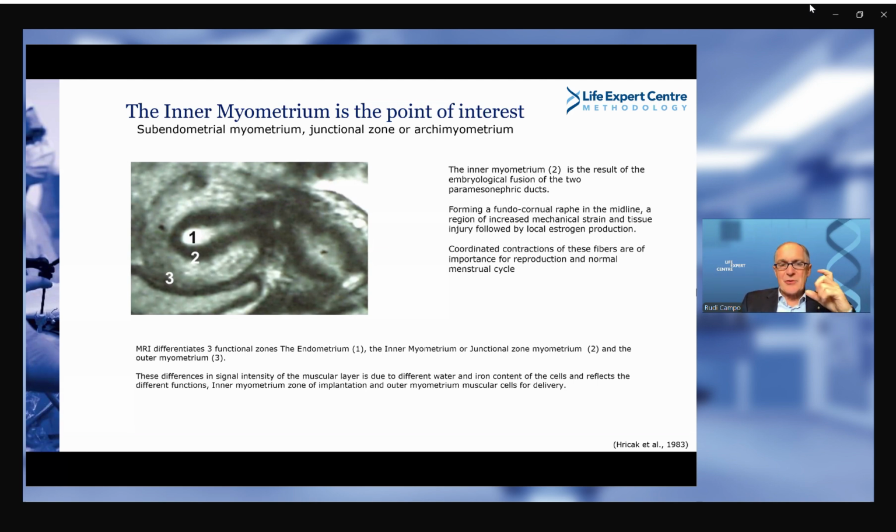What is quite interesting is the question of whether the inner myometrium, number 2, which only differs from number 3 due to less water, more iron, and a different magnetic field, if this is disturbed or disappeared, this junctional zone differentiation, has an importance in reproduction, and hysteroscopy obviously is the direct access to this zone, where hysteroscopy could play a role.